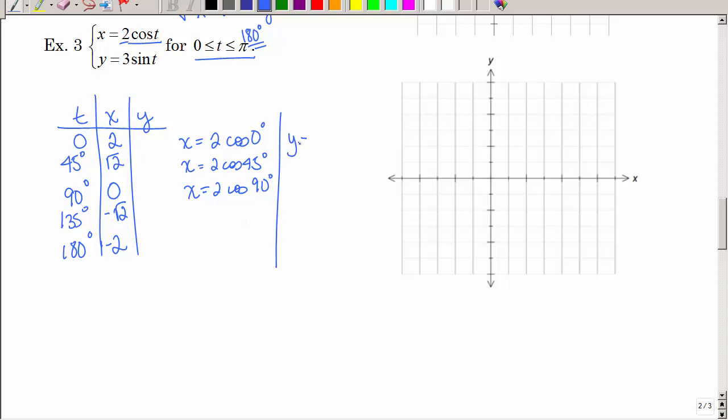Now what about y? y equals 3 times the sine of 0 degrees. The sine of 0 is 0. And then 45 degrees, remember, is square root of 2 over 2, so this is 3 square root of 2 over 2.